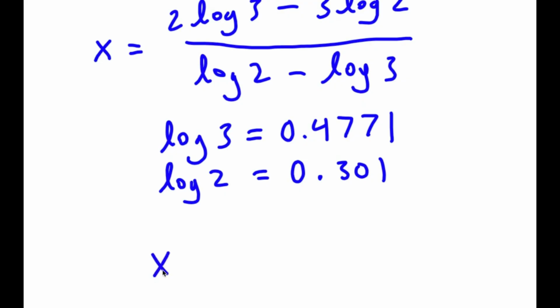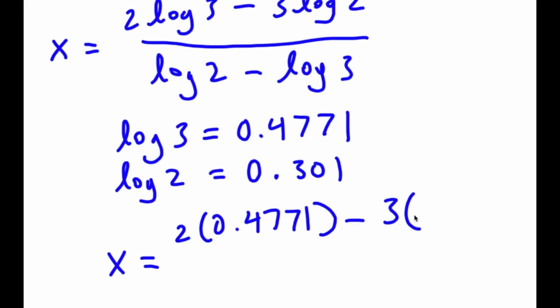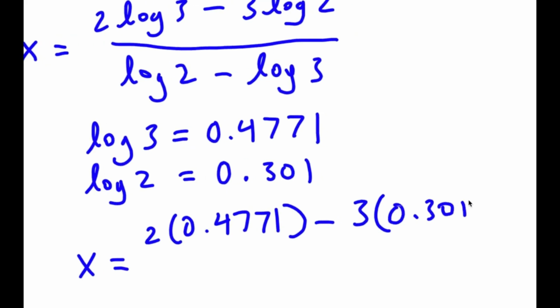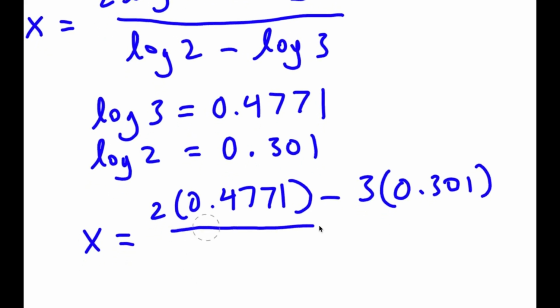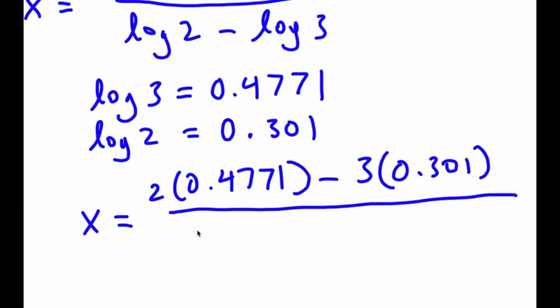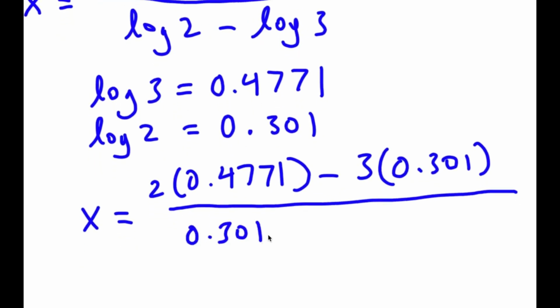So now I have x is equal to, if I substitute in the values for 0.4771 and 0.301, I get 2 times 0.4771 minus 3 times 0.301, and I'm dividing this by 0.301 minus 0.4771.